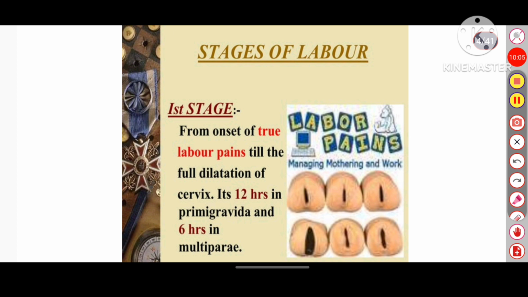So you should know the stages of labor. The first stage is from the onset of true labor pains till the full dilatation of the cervix, and it is usually 12 hours in a primigravida and 6 hours in a multipara.